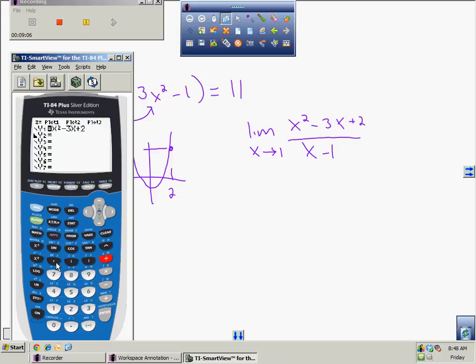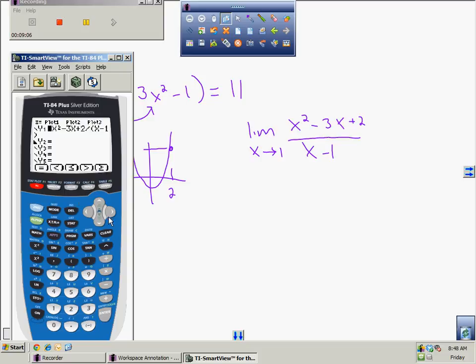Divided by, in parentheses, like that doesn't look right, x minus 1. And now if I go to my second table, I can see as I get very, very close. What? Did I forget something? Go to table set.